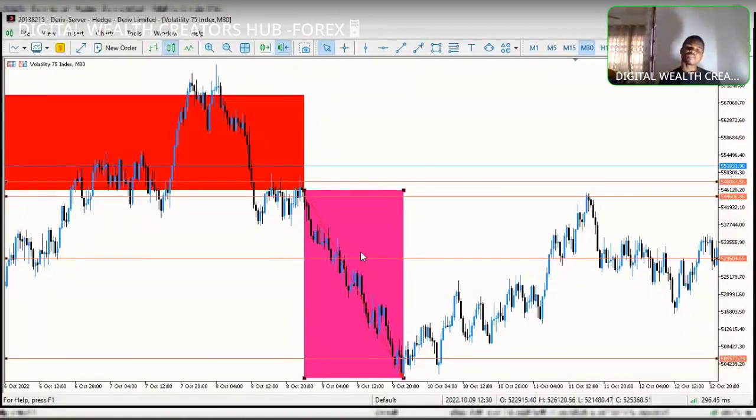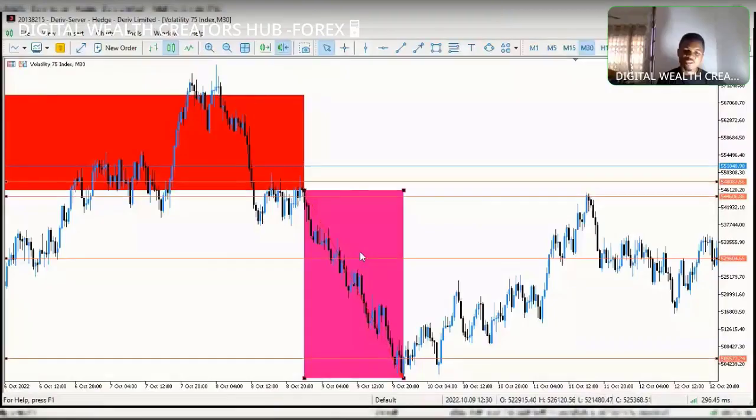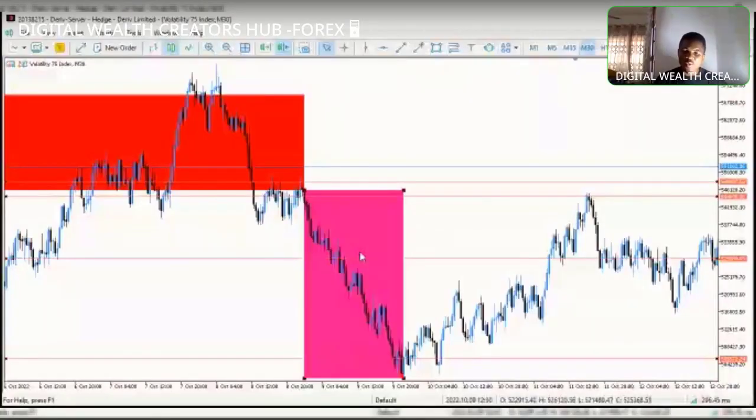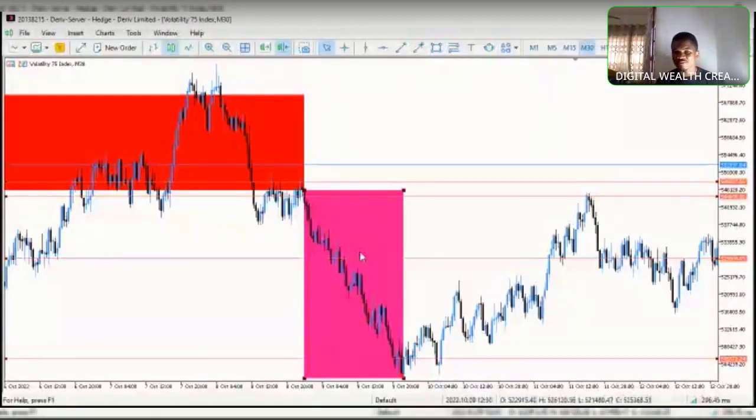Do not set your TP at an obvious point where you know the market will reverse, and place it beyond where the market will reverse. In a bearish run, place it above that point, so that if the market reverses faster before reaching that point, you will still get your TP hit.